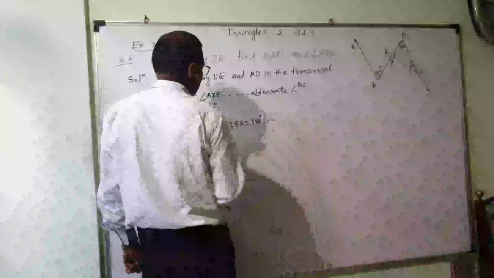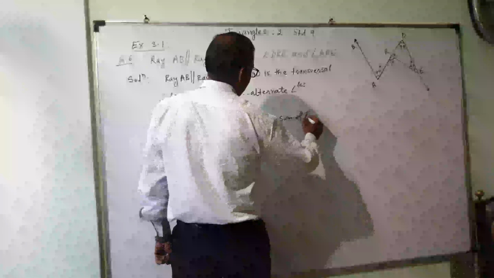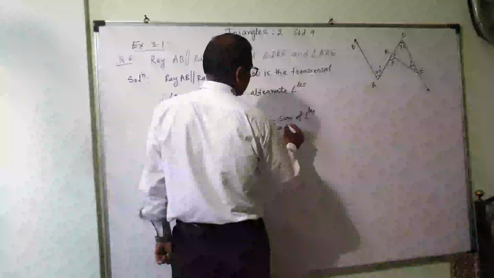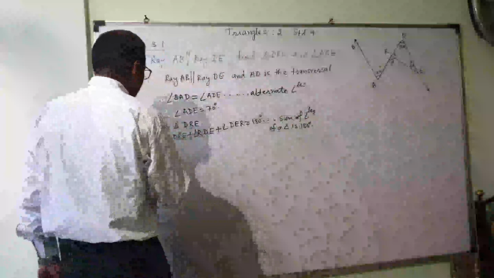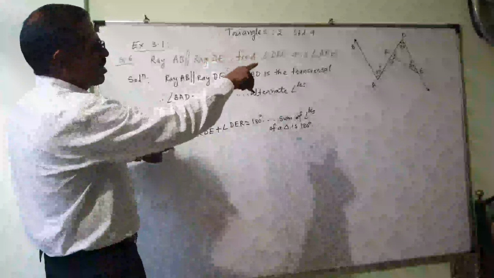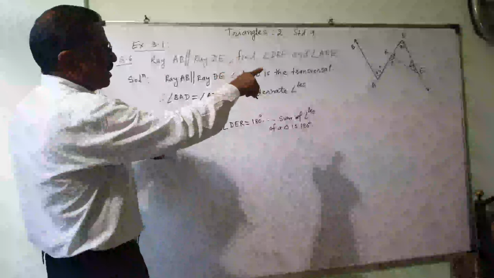Reason is sum of the angles of a triangle. Sum of angles of a triangle is 180 degree. That is the reason. Therefore, so DRE is how much? DRE, don't know.